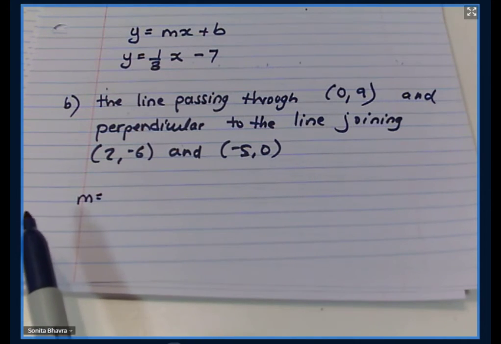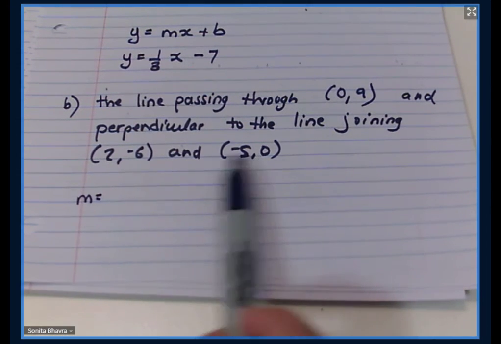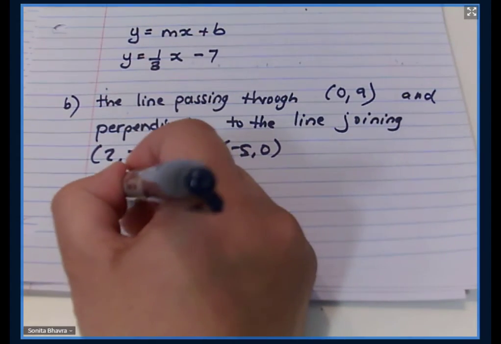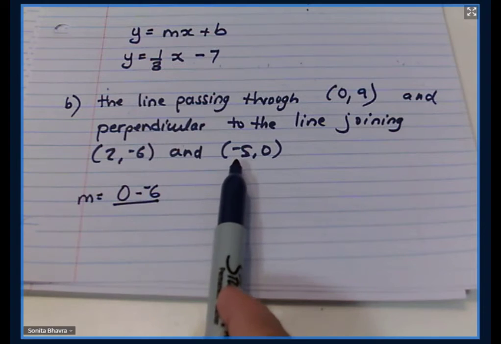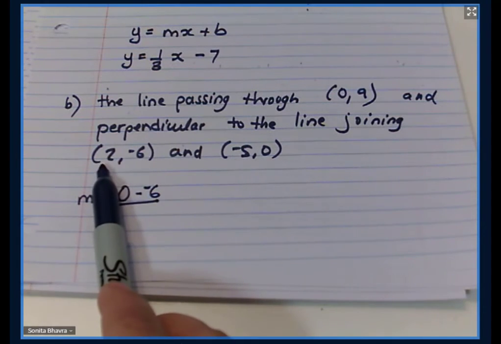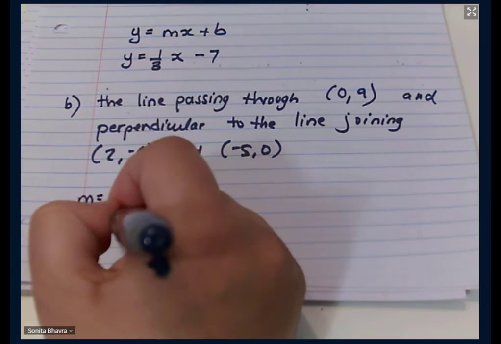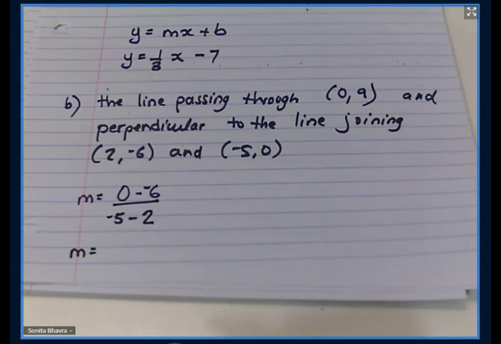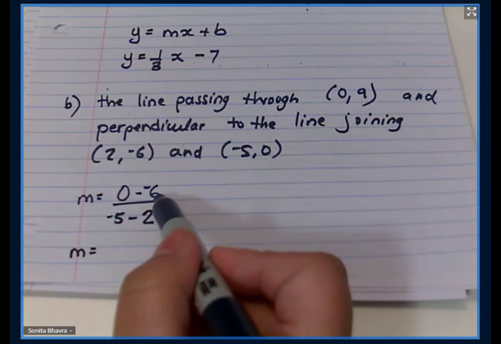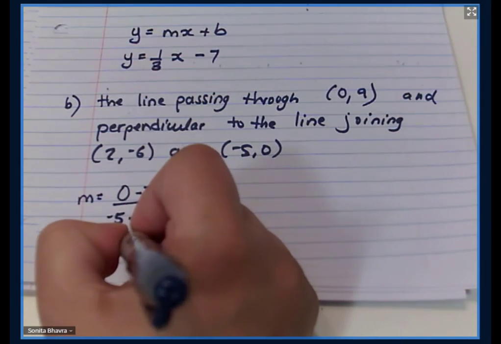Our slope: 0 minus negative 6, that's our rise, and our run, negative 5 minus 2. That leaves me with a slope of negative 6 over 7.